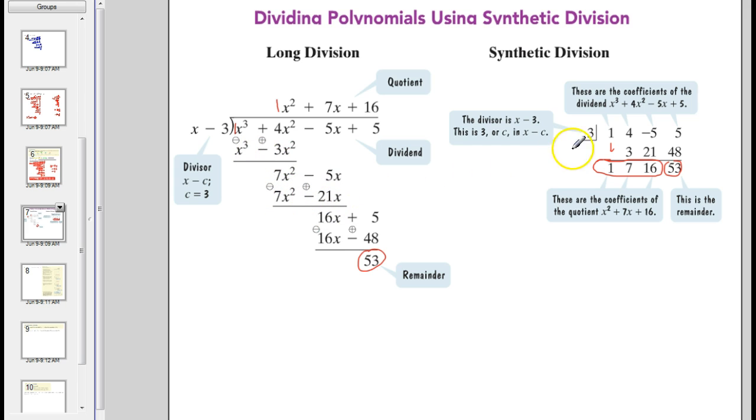It's just multiplication and addition that arrive at the quotient and the remainder. So synthetic division, again, the key things are this has to be a linear factor, and this number in the box is what makes the divisor equal to 0. So let's practice it so you can see how it's done.